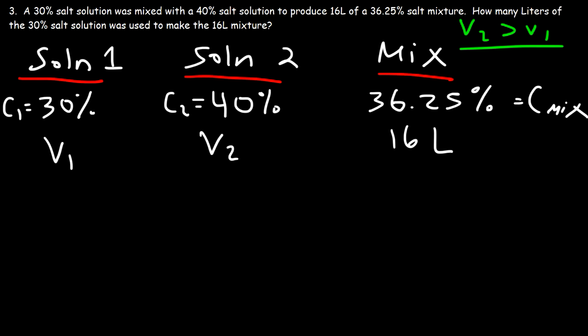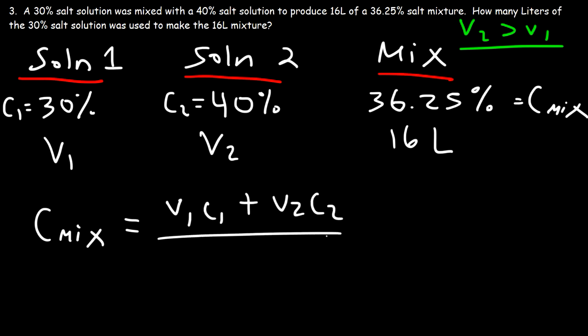Well, it's always nice if you have an equation to work with. And let's go back to the equation that we had. We said the average, or basically, in this case, the concentration of the mixture based on problem 1 is V1C1 plus V2C2 divided by V1 plus V2.